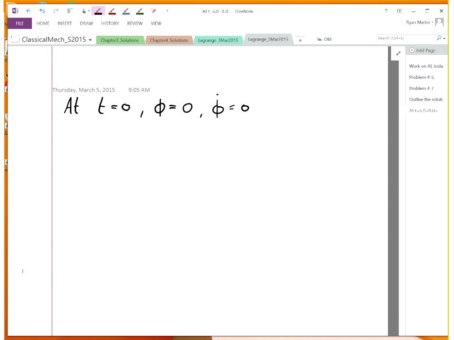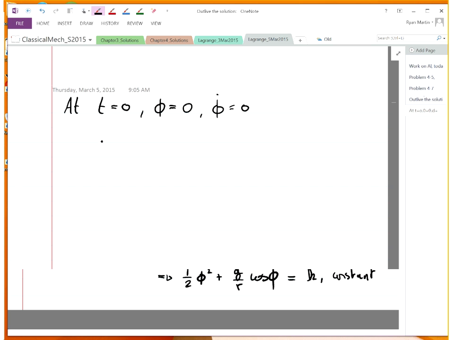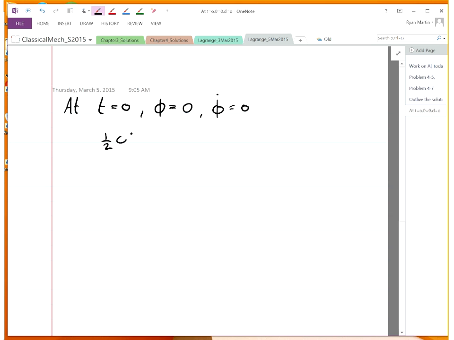So I have a half phi dot squared, rewriting the equation, plus G over R cos phi is equal to K. Then at t equals 0, we have phi dot squared is 0, because phi dot is 0.